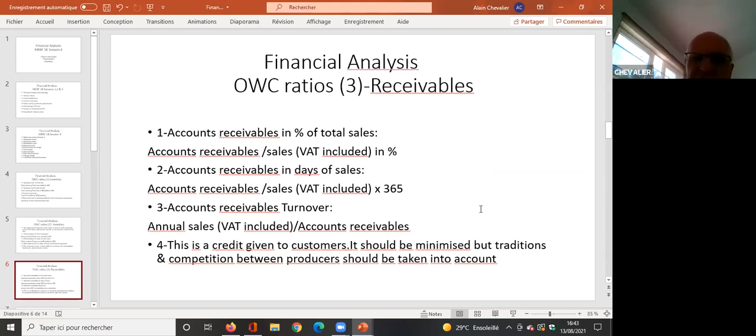But if you decide to reduce the credit, for example, which is a tradition in your economic sector, from the 60 days tradition to 30 days, you will improve your turnover. You will improve this ratio. You will reduce the financial resources needed to finance a company, but at the same time, perhaps you will have a drawback.